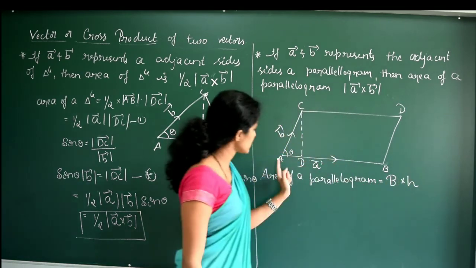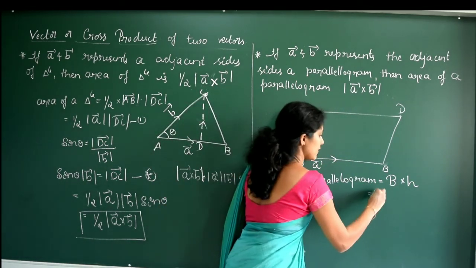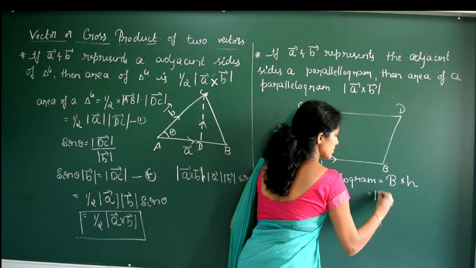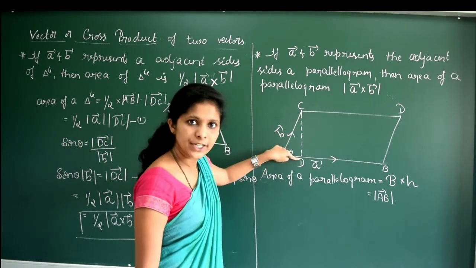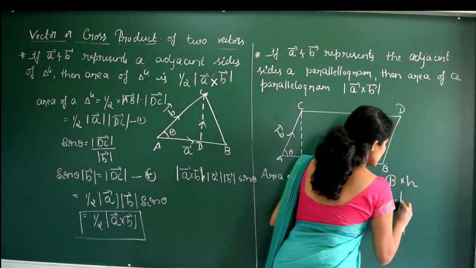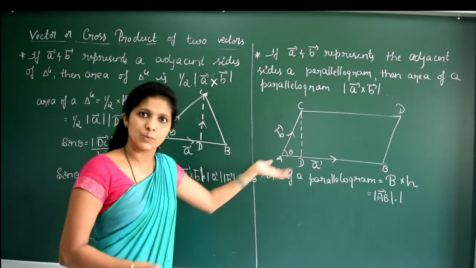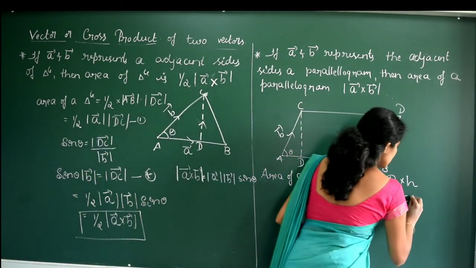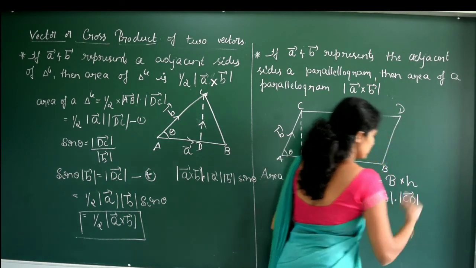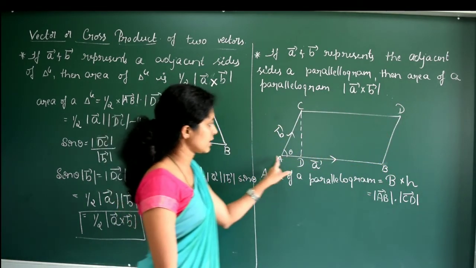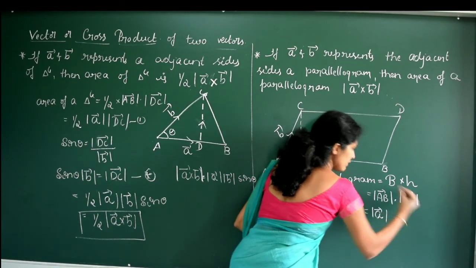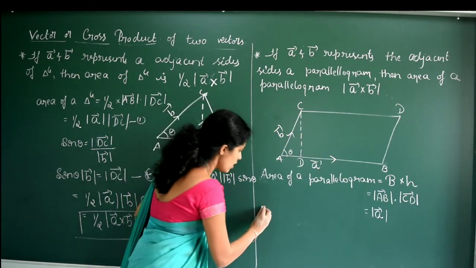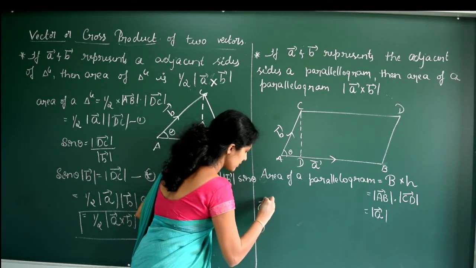Yes. Here what is the base? The length of the base will be the magnitude of AB vector, into the height, which will be the magnitude of CD vector or DC vector. Both are the same, right? So the magnitude of AB vector is nothing but the magnitude of A vector. Similarly, we will define the magnitude of CD vector.